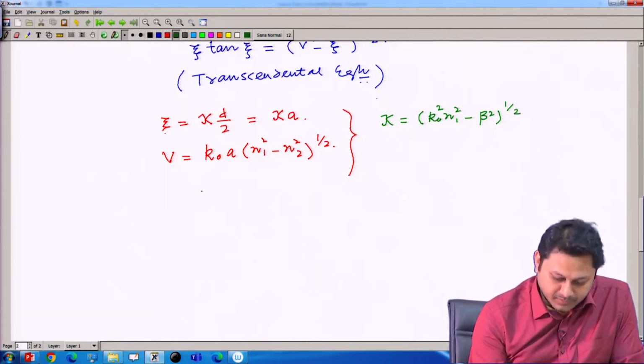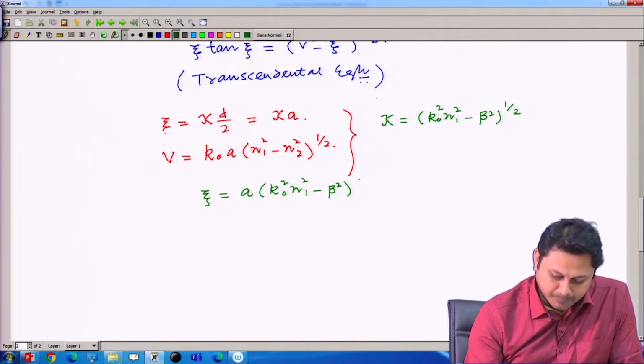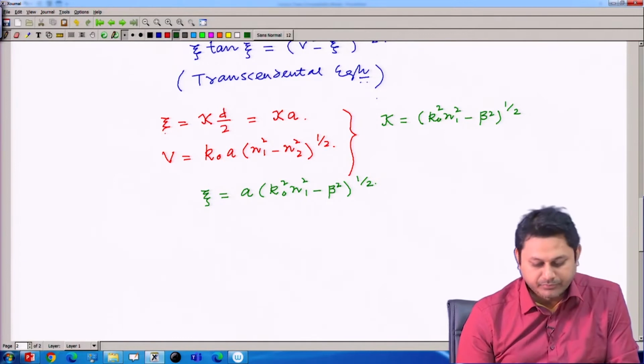So, xi is essentially a times k0 square n1 square minus beta square whole to the power half.